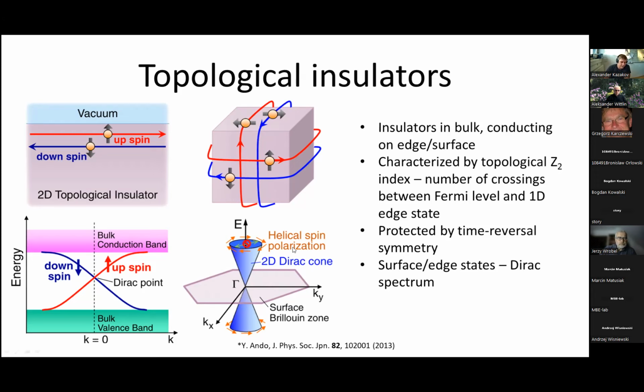It was also shown that these surface states or edge states have a linear dispersion, these Dirac cones, as they are called, and such linear dispersion has helical spin polarization due to this spin-momentum locking.